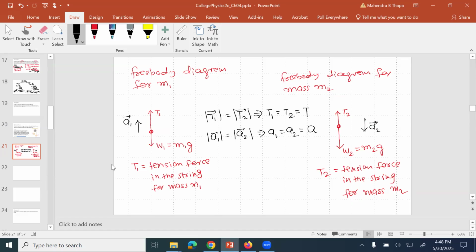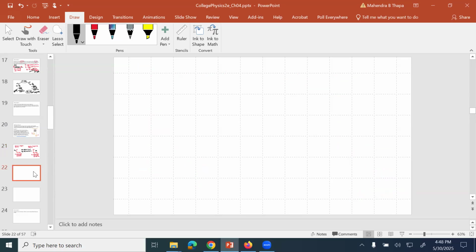Based on this force diagram, we can solve the problem using Newton's second law. Newton's second law: A equals net force over mass. Let's use this equation for mass m1.